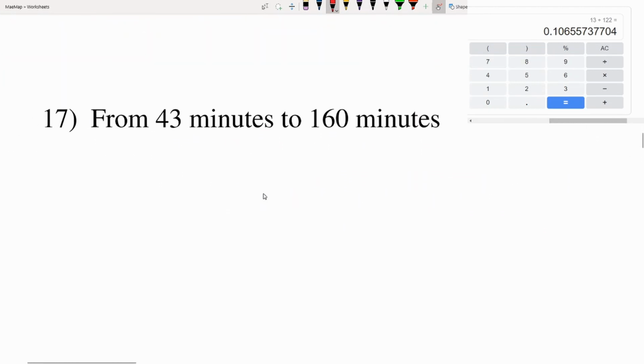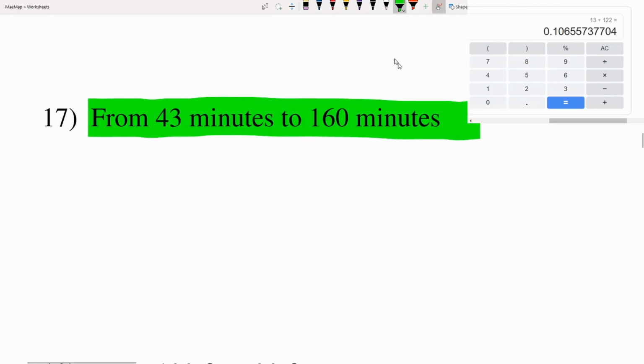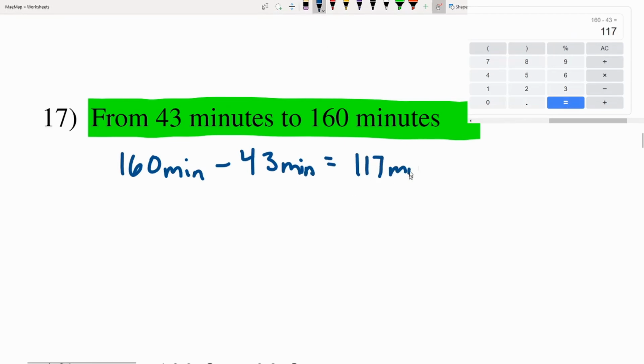In number 17, 43 minutes to 160 minutes, that is an increase. And how much did that increase by? 160 minutes, that larger number, minus our smaller number of 43 minutes, that's going to give us 117 minutes. So I'll take that 117 and divide it by our original of 43. So 117 divided by 43 minutes will give us our percent change.